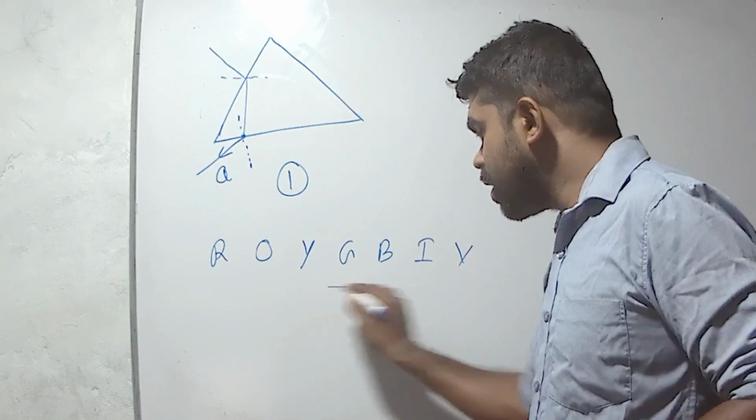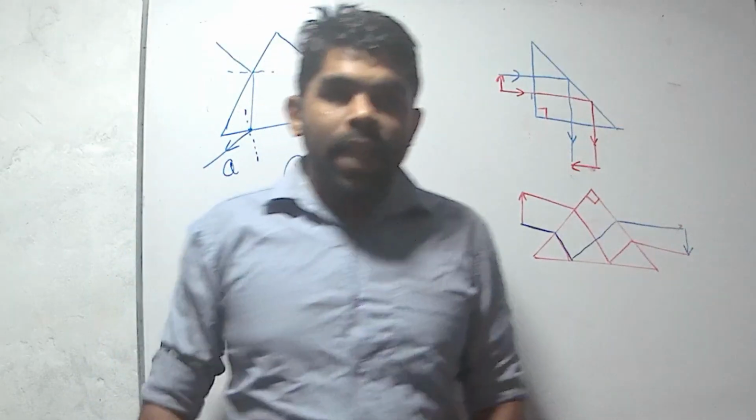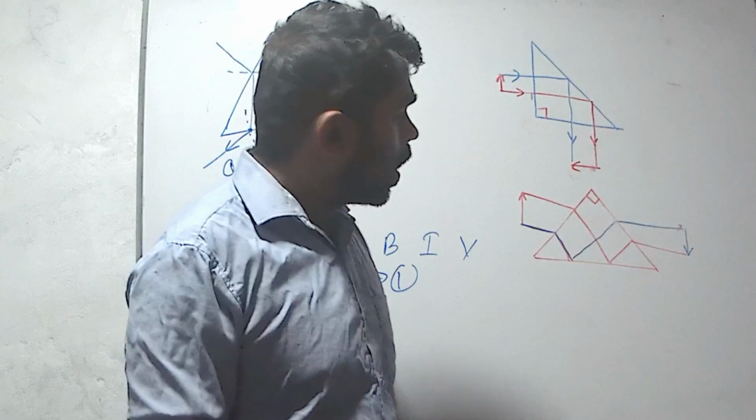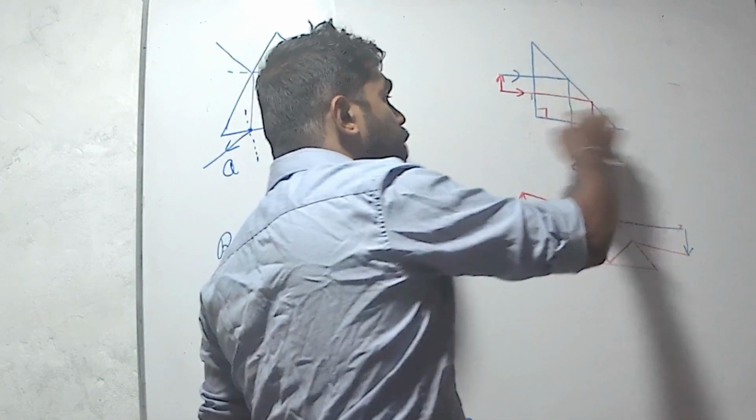Then the answer is 1. So this is the figure shown. I represents the image of the object. Which of the images shown in the figure can be realized by placing a right angled isosceles prism in the box? We can get an image like figure A by using the prism in this way.